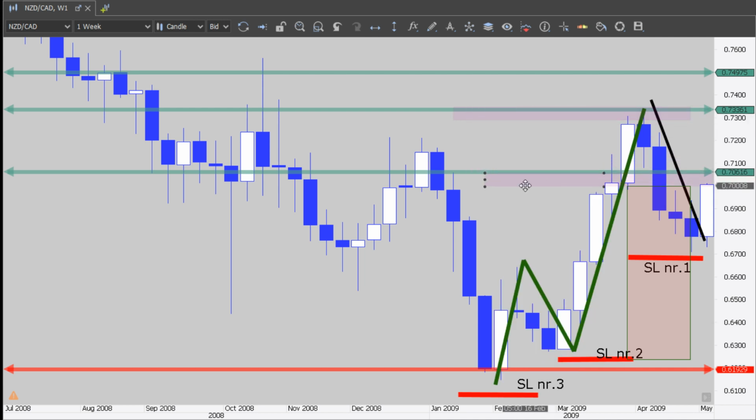So for the traders who are entering the trade, do you want to take profits at resistance number 1? Do you want to take profits at resistance number 2? Or do you want to take profits at resistance number 3? Hassan again, also stop loss number 1. Akos wants stop loss number 1 and Hassan stop loss number 2.